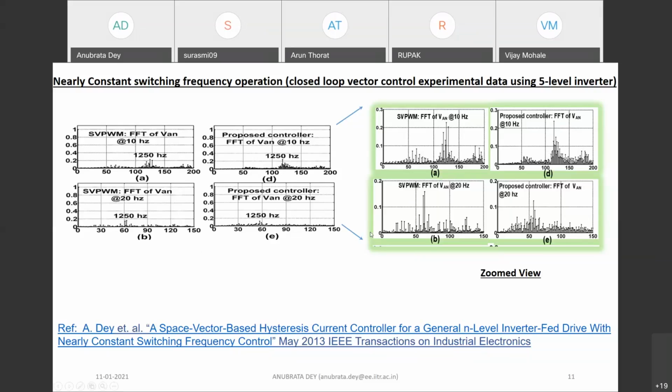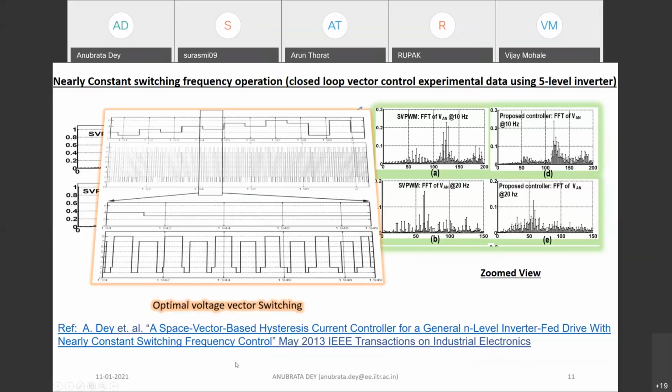Apart from all these advantages, another advantage is the optimal voltage vector switching. When you designate the voltage vectors, you give them names, v1, v2, v7 and v8, the conventional names given in any space vector strategy.